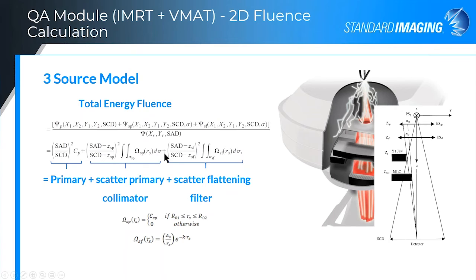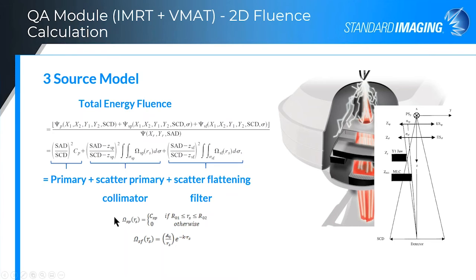The equation is shown here for the total energy fluence, which is comprised of the primary component, the scatter component from the primary collimator as the second term, and the third term is the photon scatter component from the flattening filter. And of course, you can see if the SCD is equal to the SAD, then the equations are much simplified.